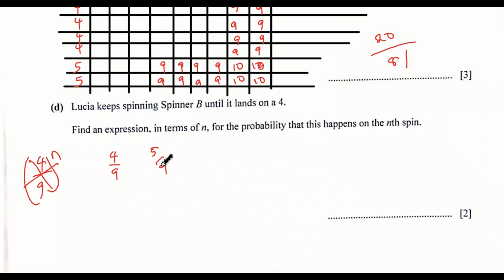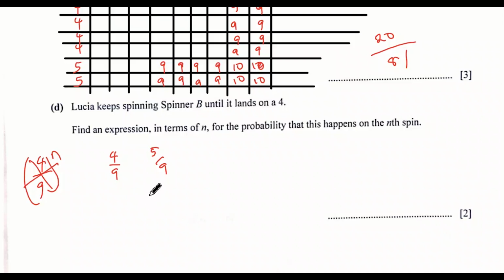Let's say he spins it and it lands on a 4 at the 10th spin. That means the previous 9 trials were unsuccessful.